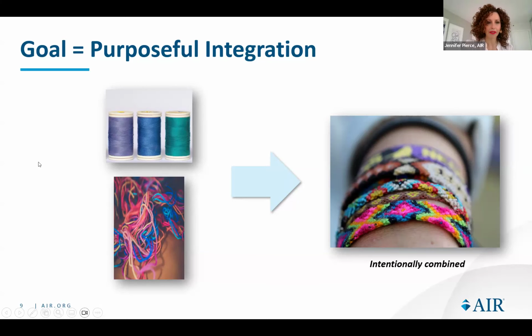The first one, reflected here by these spools of thread, is that we have siloed academic tiered systems of support, and then we have a siloed behavior, social emotional system of support in place in schools, and never the two shall connect. There are separate teams, separate procedures, sometimes separate schedules, and they run in fairly siloed ways. That's a typical implementation approach to tiered systems of support.